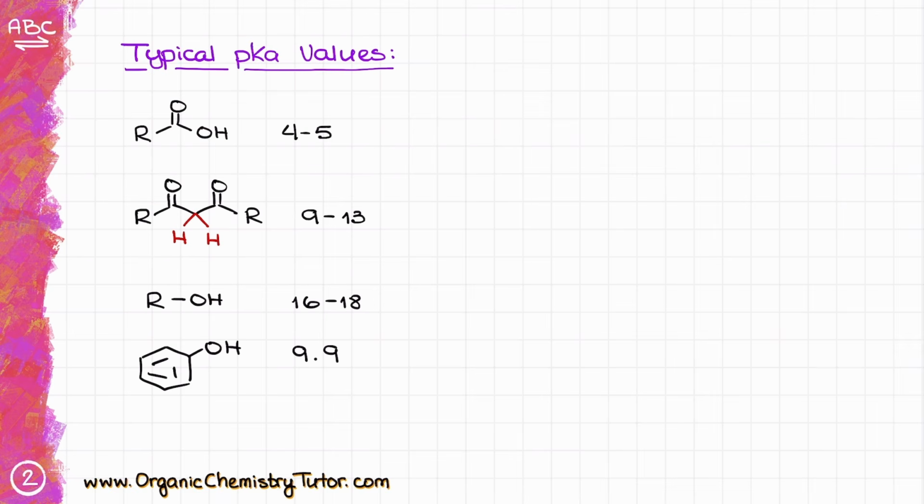Then, another important functional group that is probably good to remember is going to be a thiol. Typically, thiols are around 11 on the pKa scale. Then, there are a few other numbers that you should probably know, and those are the numbers for your terminal alkyne, which is going to be somewhere around 25.